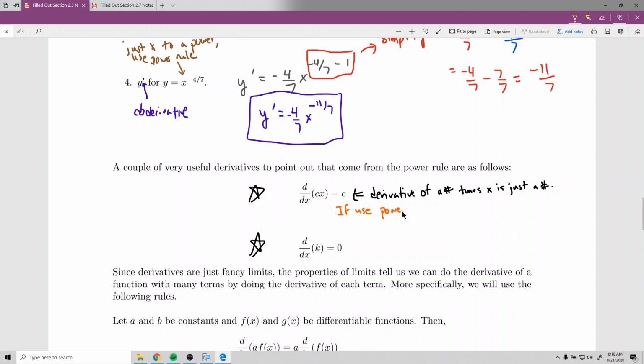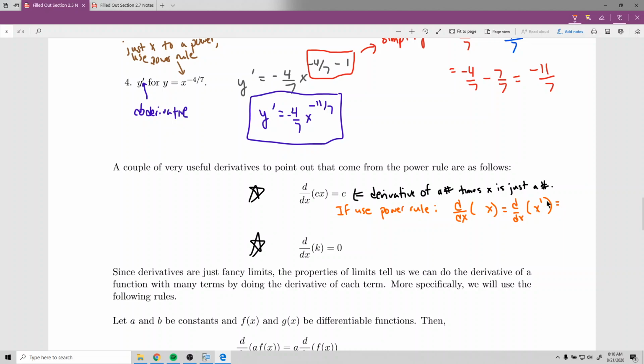From the power rule, the derivative of c times x. Well, what I'll do is actually do just the derivative of x. And because there's not a power written there, I'm going to write x to the 1 power, because that's the same thing.